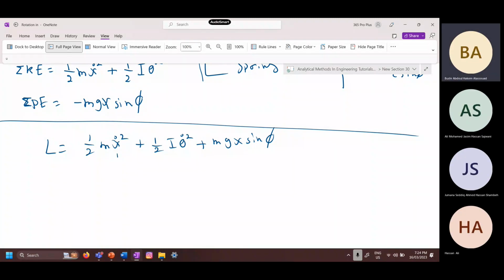Okay, you see here that we're having two variables, and you cannot solve the Lagrangian with two variables. So what you're going to do is change the polar to Cartesian, or the other way around. So let's start with the Cartesian method.